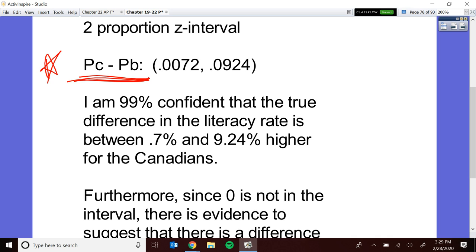If you put Canadians in first, then you got a positive interval here. So you're 99% confident that the true difference in the literacy rate is between 0.7% and 9.24% higher for the Canadians. See, these were positive numbers, so our Canadians were higher.